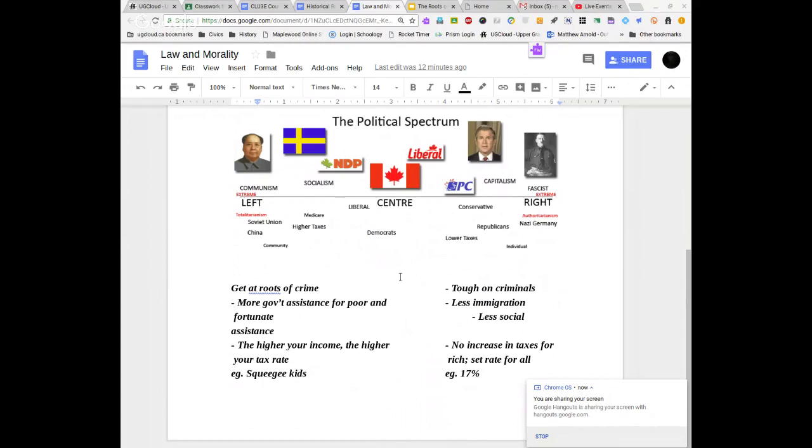Socialist societies believe that is a way to get at the root cause of crime. Whereas just dealing with crime itself is more of a right-wing way of looking at things, like the Progressive Conservatives and such. That is being tough on criminals, which means tougher sentences against criminals for committing certain crimes. So take a look at that law and morality handout. You don't have to look at it for that long.